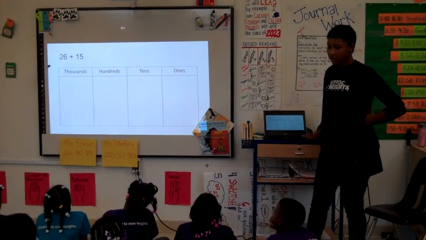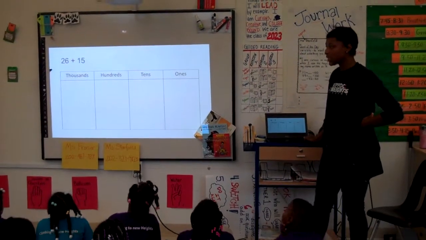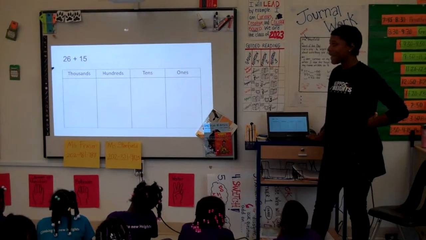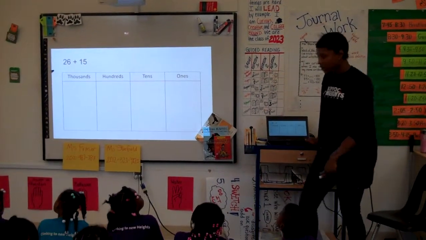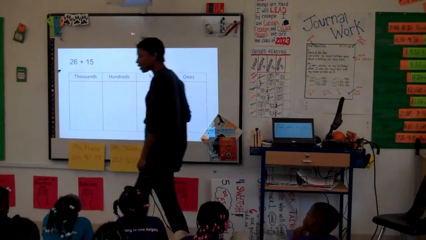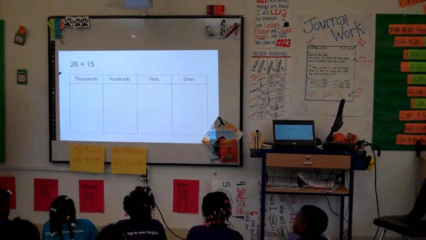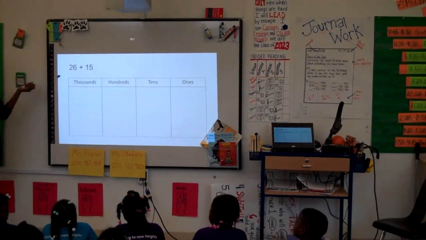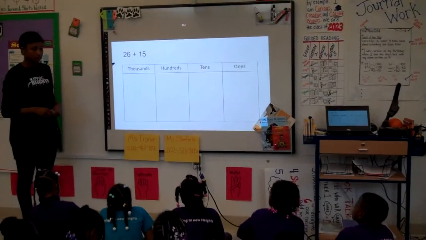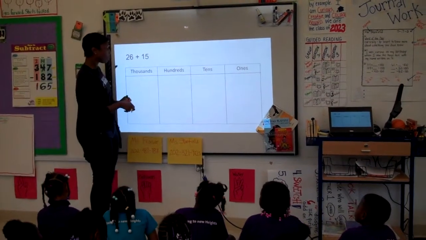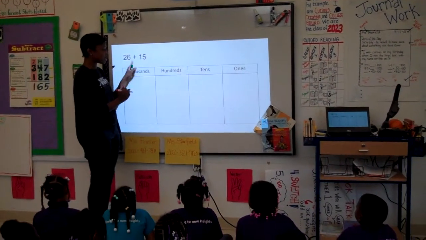If I have 26 Skittles and I have 15 Starbursts and I want to add these two together, the strategy I would use is drawing models to help me regroup. I would draw my 10s first, 26 Skittles.